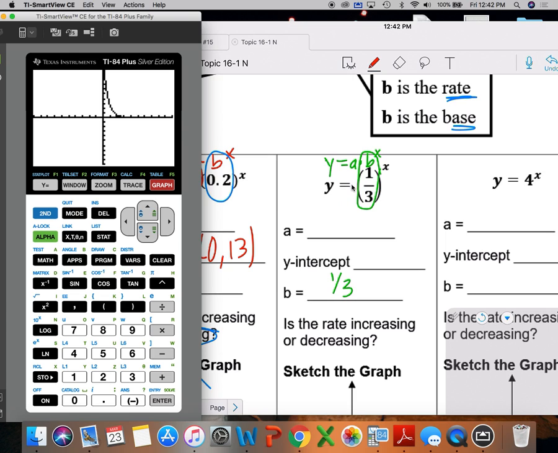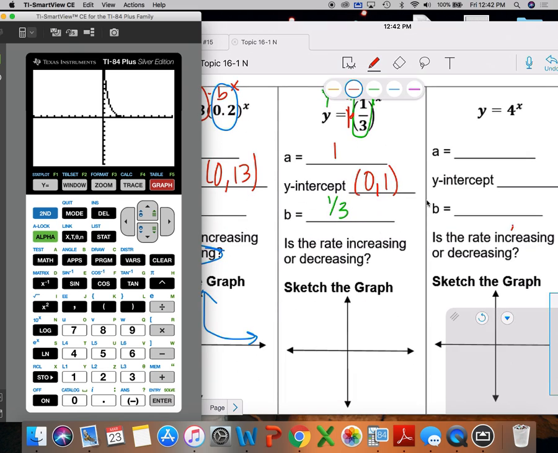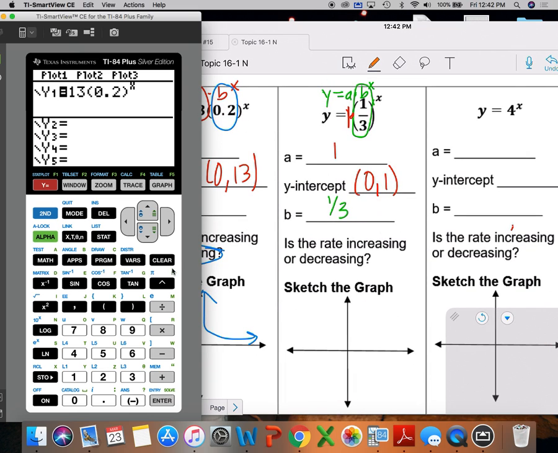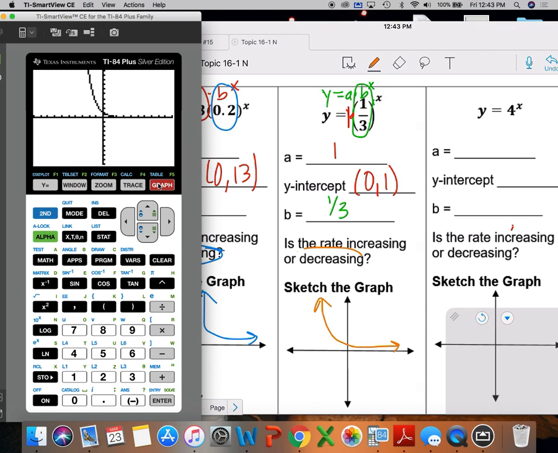So the only number that we know, if it's not written, that actually has a value that's not 0 is a 1. So a is an invisible 1 right there. So therefore, my y-intercept is (0, 1). When I plug this into y equals, I have my fraction of 1/3 raised to the x. When I click graph, my graph is decreasing because it is going down.